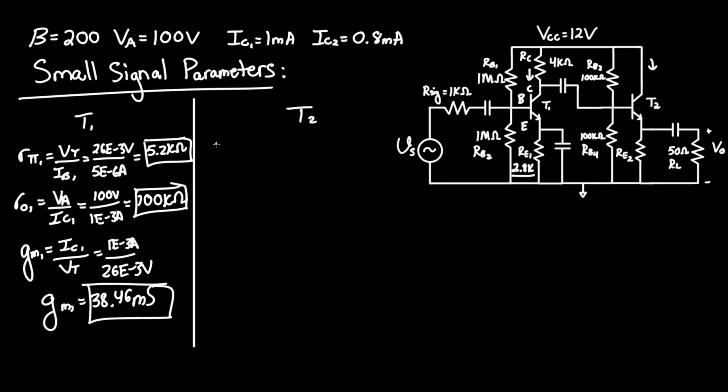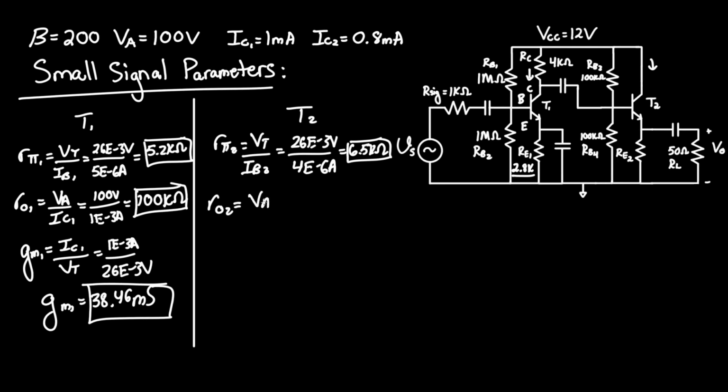Repeating this process for T2, we have R pi 2 equals VT over IB2, which is different than before. It's 26 millivolts over 4 microamps this time, which equals 6.5 kilo ohms. RO2 equals VA over IC2, which equals 100 volts over 0.8 milliamps, which equals 125 kilo ohms.